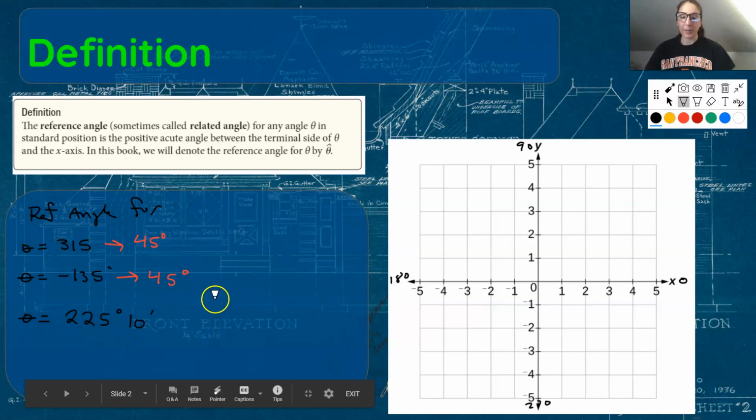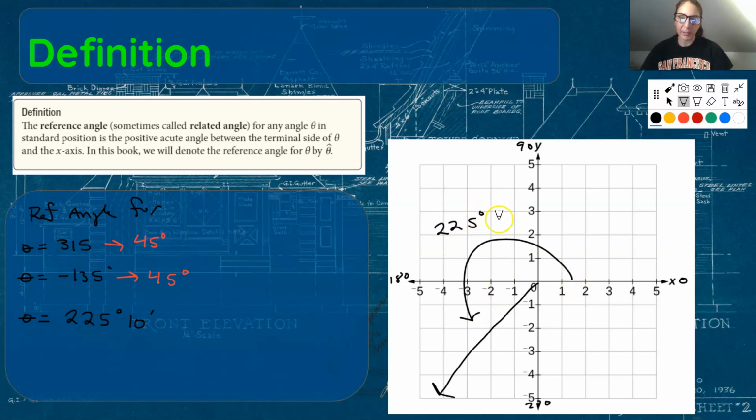So I'm switching up the unit of measurement here. So 225 degrees though, right? 0, I'm opening now positive. 0, 90, 180, 270. So I'm not all the way down there yet. So I've opened positively 225 degrees, 10 minutes.